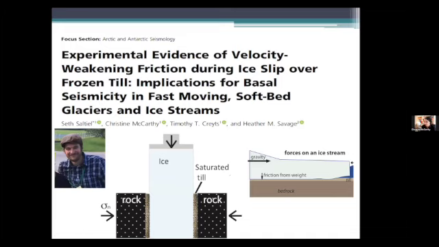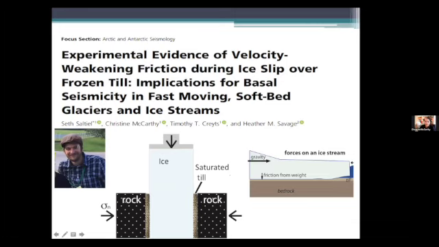Another direction we went with these experiments after the oscillatory work came from one criticism I got: okay, that's interesting, but most glaciers are not actually sliding on pure rock. There's usually a layer of till, a soft deformable bed.